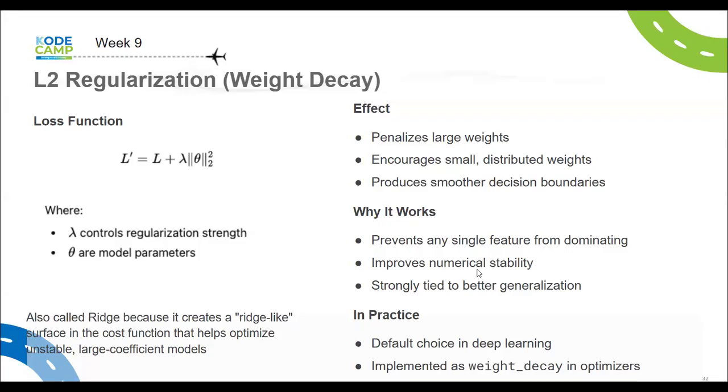Remember, the penalty is a sum of the weights. So the penalty can be high if the number of weights is high, or the number of parameters is high. But the penalty can also be high if the value of each parameter is high. So you find that it always tends to optimize for low parameter values.